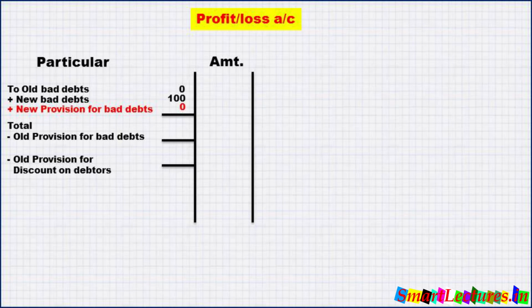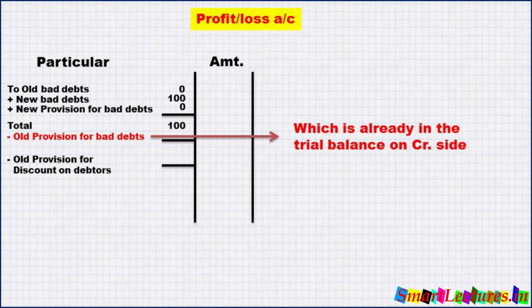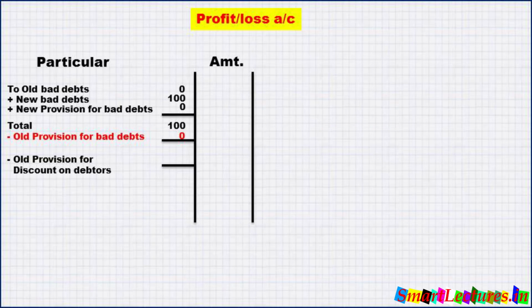So it will be 0, total 100 minus old provision for bad debts. Old provision for bad debts means the provisions which are already in the trial balance on the credit side. If you look at the trial balance on the credit side, there is no provision for bad debts. It means it was 0. So 100 minus 0, 100.